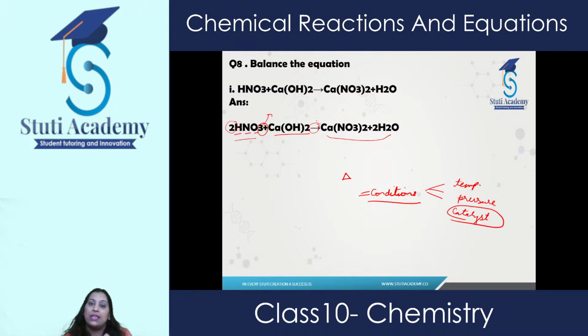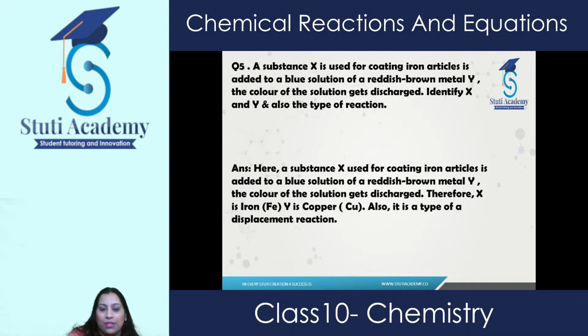See, this catalyst only helps to speed up the reaction. It will not increase the temperature or result in the formation of any new product. Its main role is to increase the speed of the reaction. So that's why we use this.